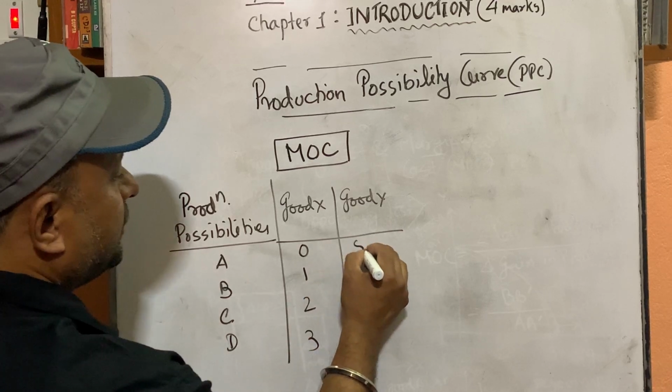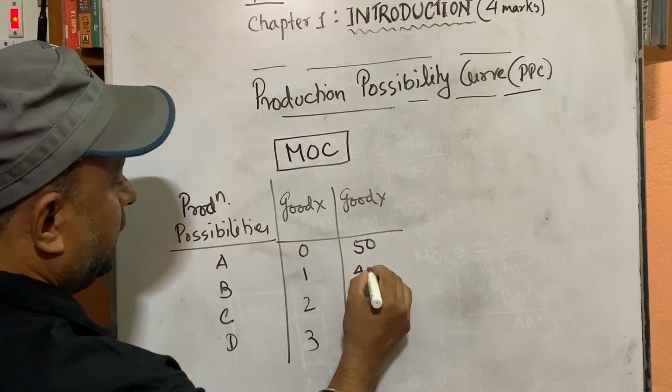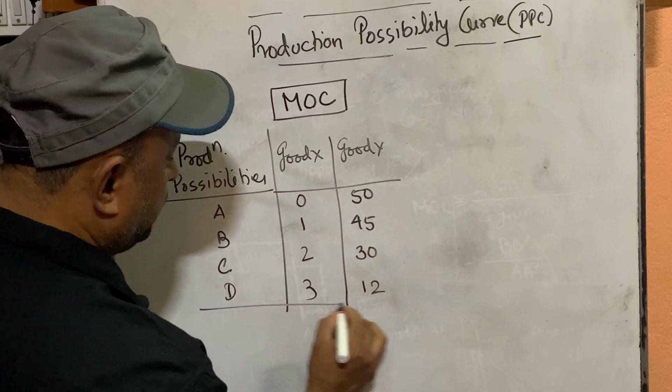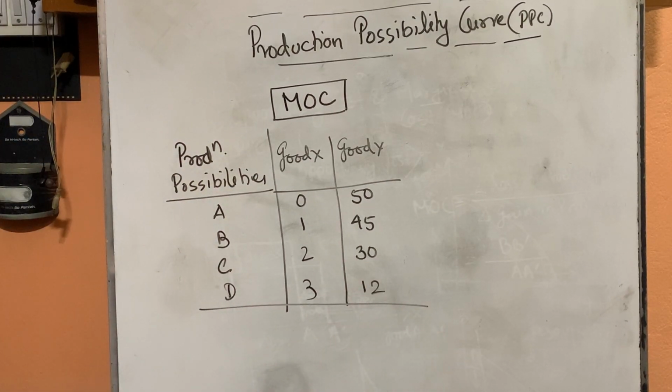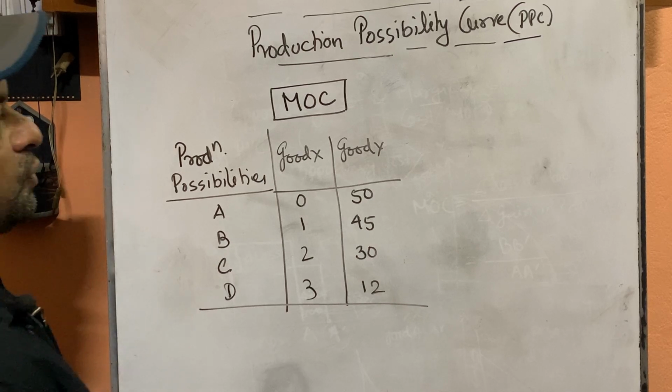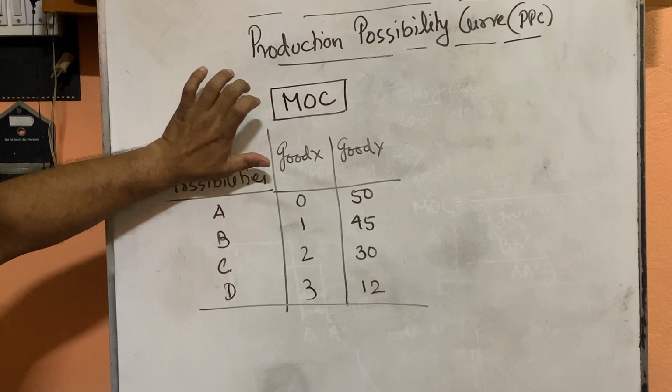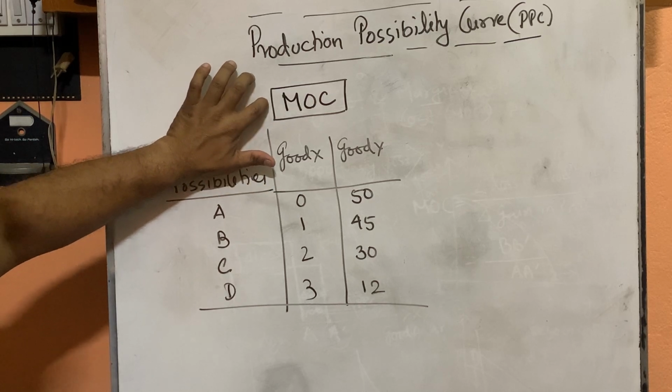Good Y, suppose production decreases: 50, 45, 30, 12. This is the question. From this question, we have to calculate marginal opportunity cost. And also a question is asked, based on the MOC, show the shape of the production possibility curve.